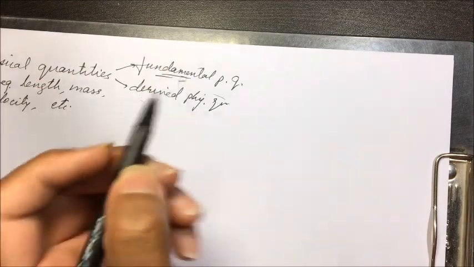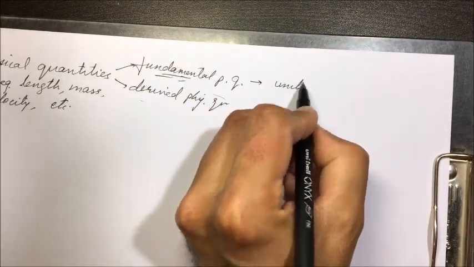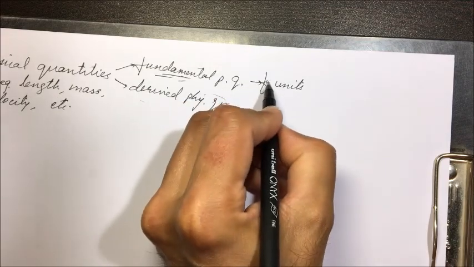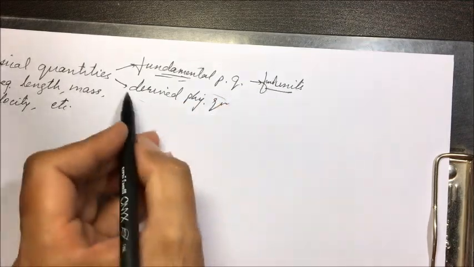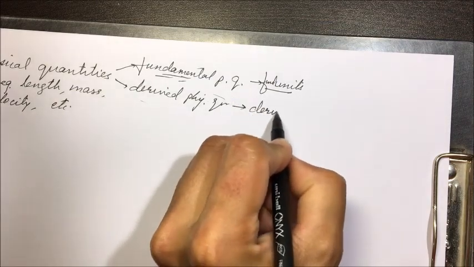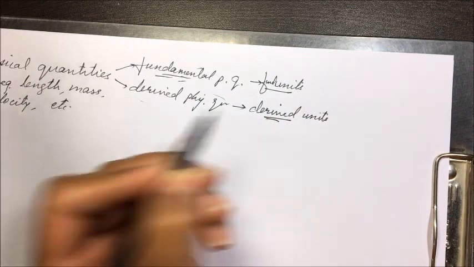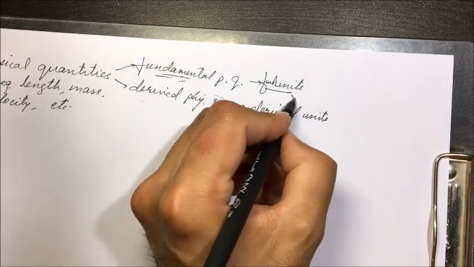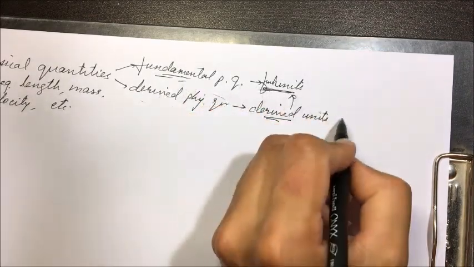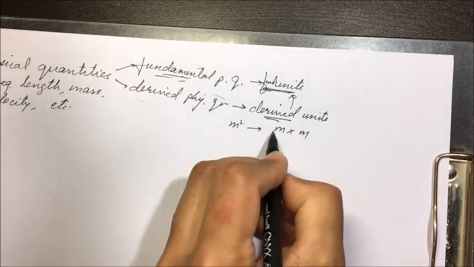To measure these fundamental quantities, we defined units, and these units were called fundamental units. And for these derived physical quantities, we had derived units. These units were derived from fundamental units. For example, meter square was derived from meter into meter.